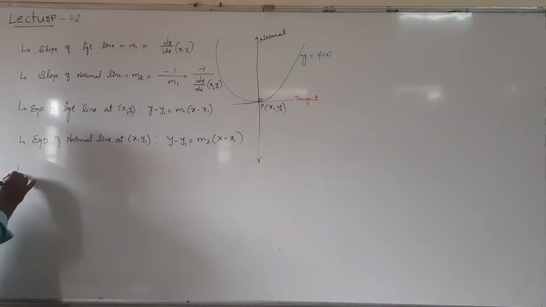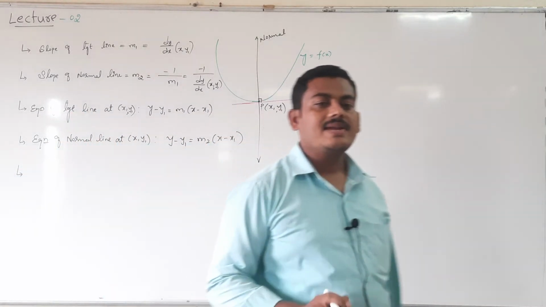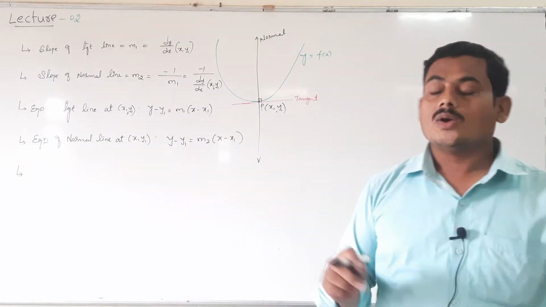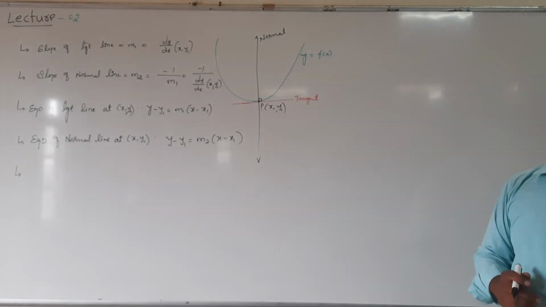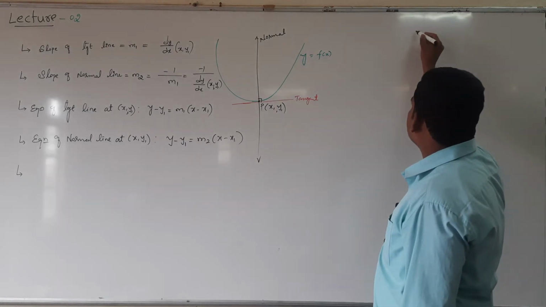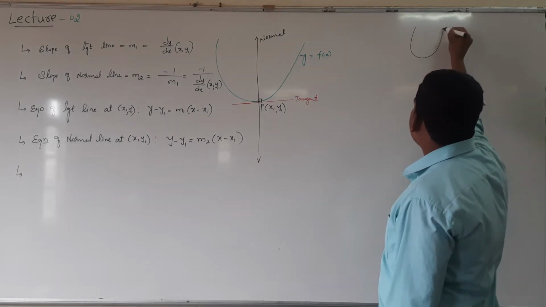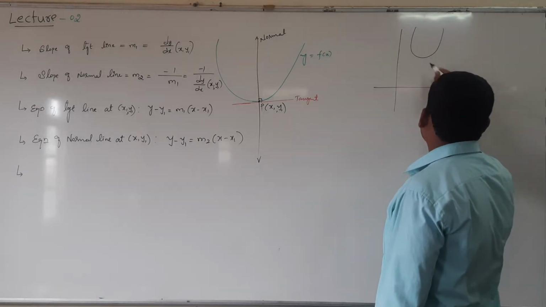Next, suppose the tangent line is parallel to the x-axis, then what is the condition? Sometimes the tangent line is parallel to the x-axis. Suppose it is our curve and it is our 2D plane.